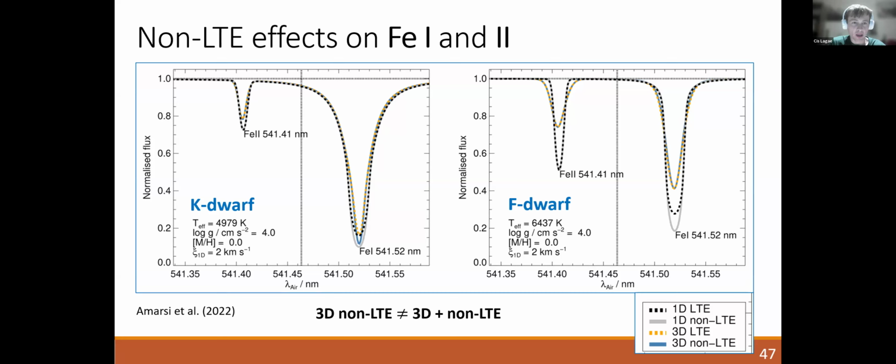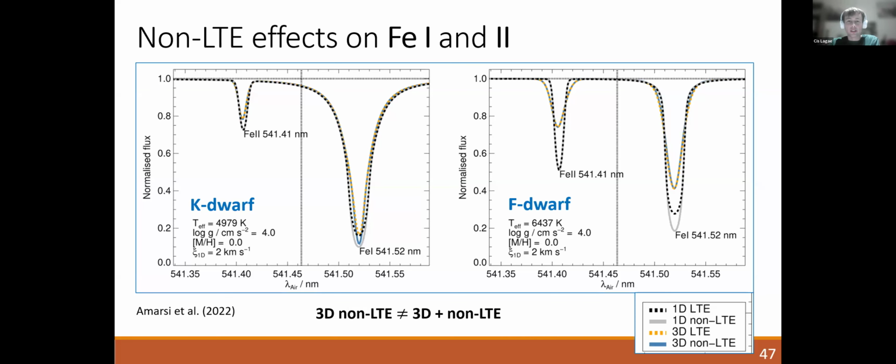So for the 541.41 line, the blue is a bit weaker, while for the stronger line, the blue is a bit stronger than the LTE case. And in the F dwarf, all these effects are just increased way more. Here, there are very large changes in line shape and strength. And this also is important.